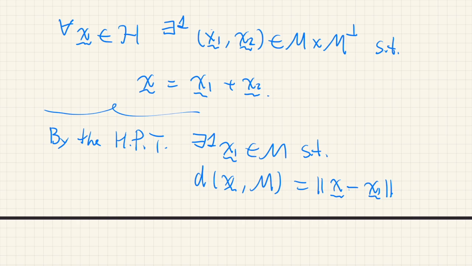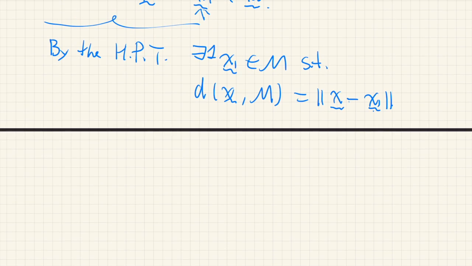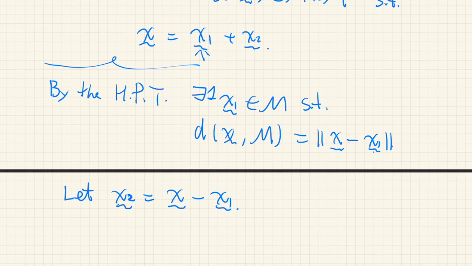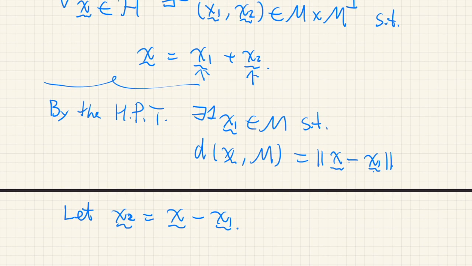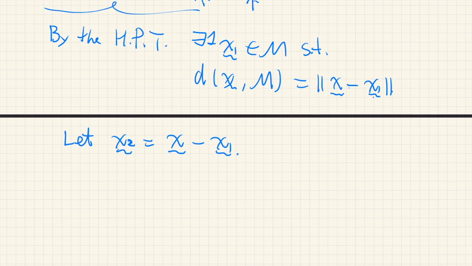We will see this x1 will be this x1. And let x2 be x minus x1. So this x2 will be this x2. What we need to show is that this x2 belongs to M complement. This is to be shown.